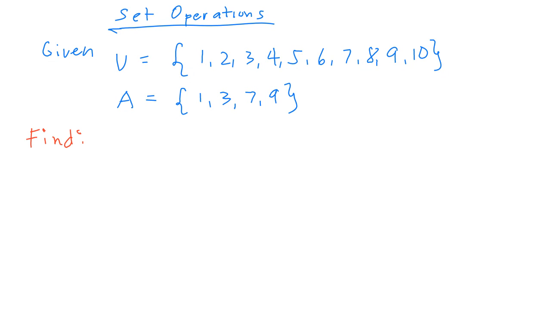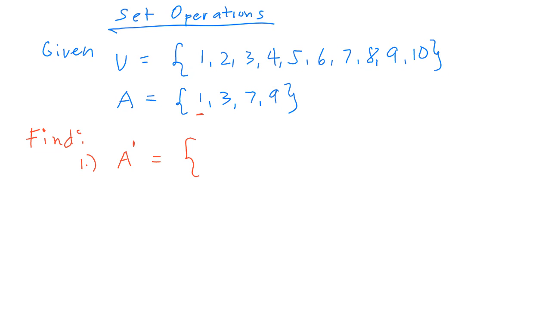Now for example, we're asked to find, let's say number 1 here, A complement. When you say A complement, it's the elements outside A. So you can actually just list it down.